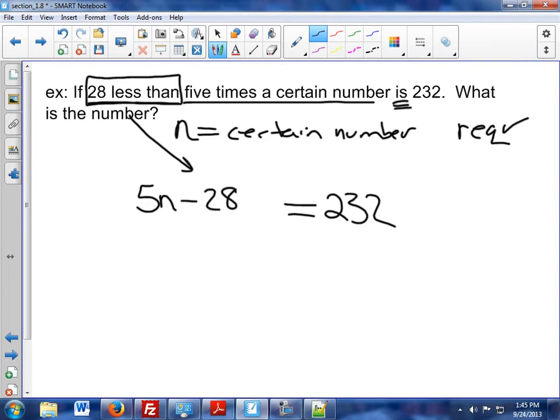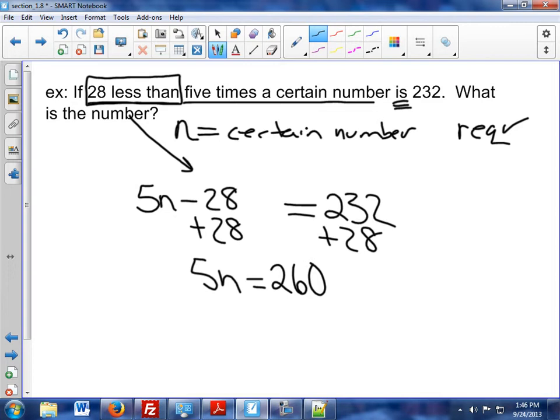So after this point, all we really have is a two-step equation where you add 28 to both sides. So now I have 5n is equal to 260. Now that's pretty cool. It ends in 0, so I know 5 is going to go into it. So I divide by 5, and I'm going to get what? 52.